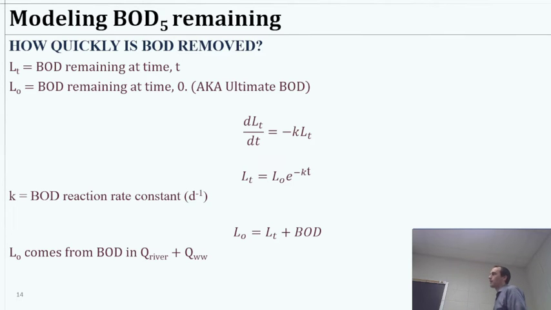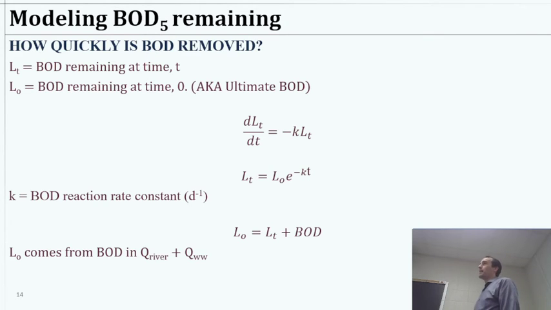Well, we didn't quite derive the equations for that during our wastewater conversation, so we're going to get into that a little more here. If we define this term L with some subscript as the amount of BOD remaining, so not the amount that has been consumed already, but the amount remaining at some time t, then L naught is the BOD remaining at time 0.